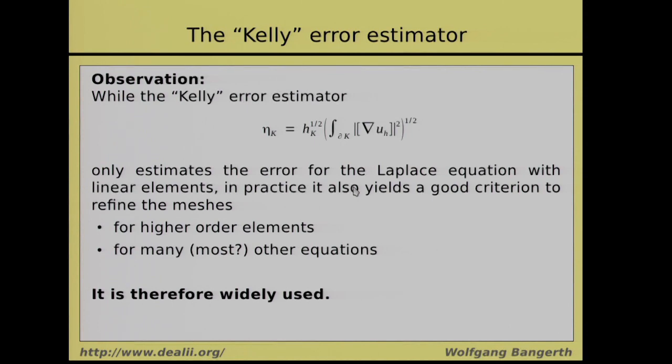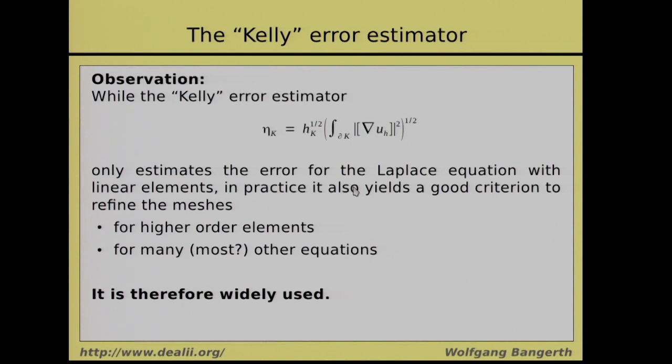And it turns out that you get fairly good meshes if you use this criterion also for other equations and other elements as a refinement indicator. Of course, in that situation, it is not an error estimator. It is only an error indicator, but it turns out that the meshes that you get just happen to have the right kind of property.